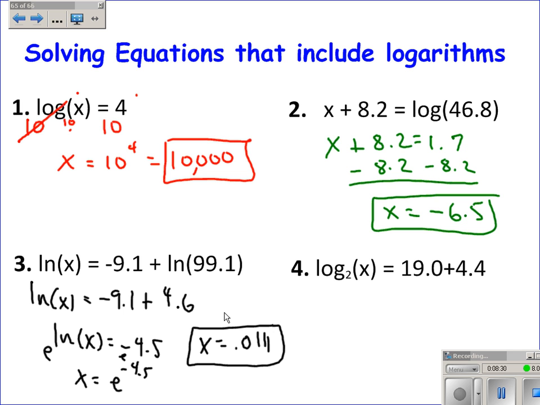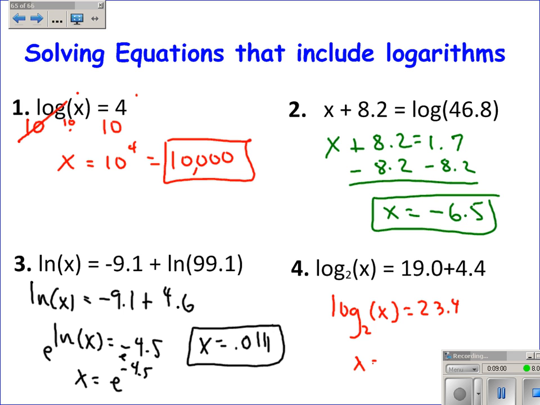Okay, finally a different base, base 2. I'm not sure why I chose base 2, but whatever. 19 plus 4.4. The log base 2 of x is 23.4. This is 2 to the 23.4 power is equal to x, is what it means. If you want to think about raising both sides to the power of 2, you can.